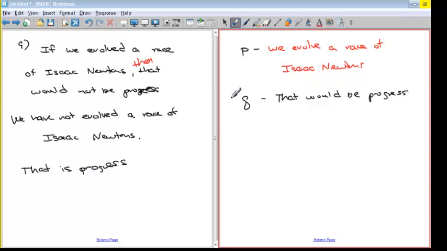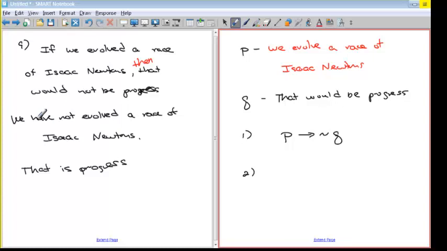So once we have those two statements, we rewrite this written argument as an argument using symbols. The first premise is if we evolve a race of Isaac Newtons, so if P, then not Q, because it says then that would not be progress. That would be progress is Q, so the negation of Q would be that would not be progress.